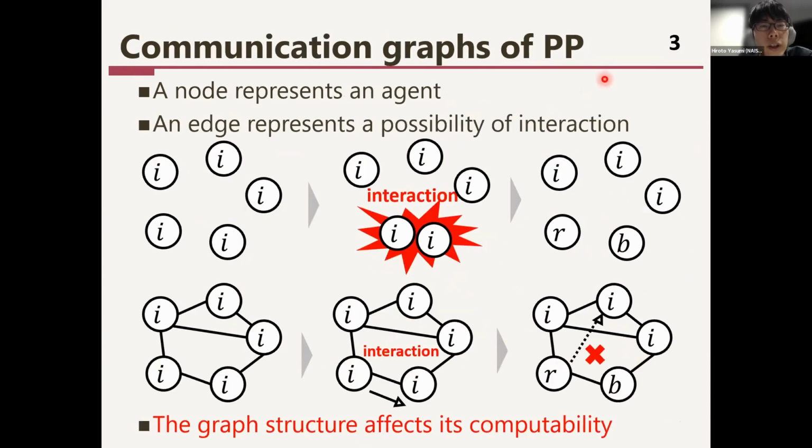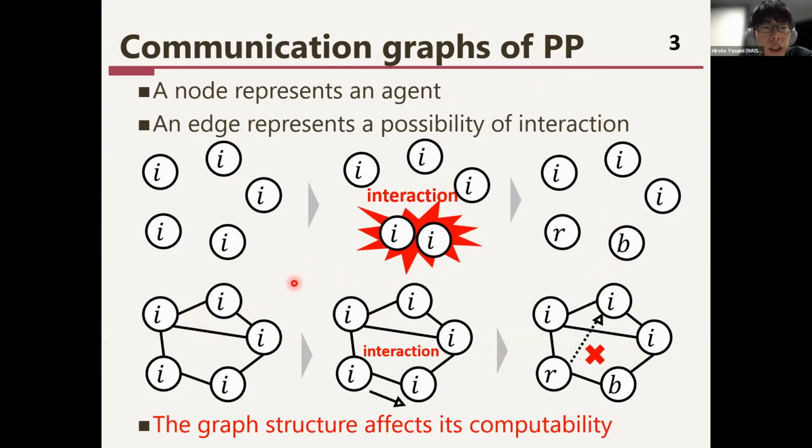Next, I'll explain the communication graphs of the population protocol model. In the population protocol model, the population is represented by a graph like this. A node represents an agent, and an edge represents a possibility of interaction. In the previous example, I said that when two agents approach, they interact and update their states.